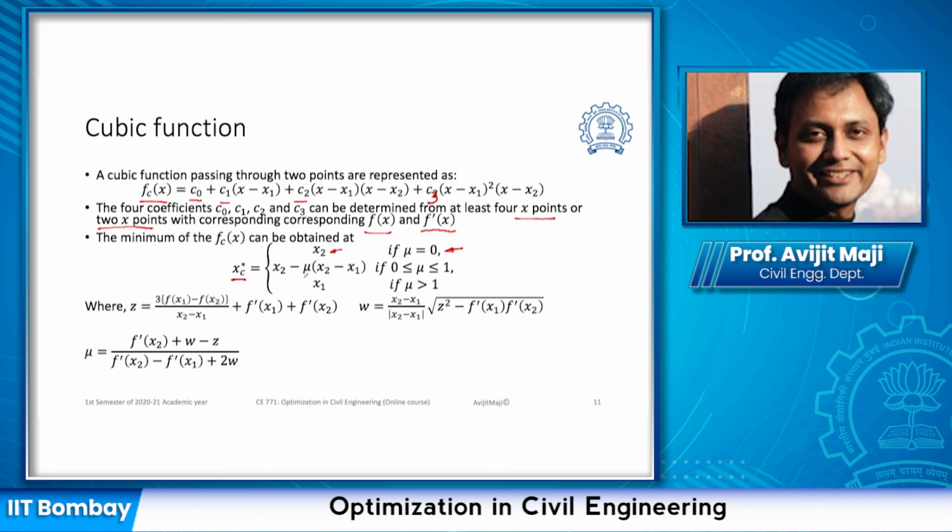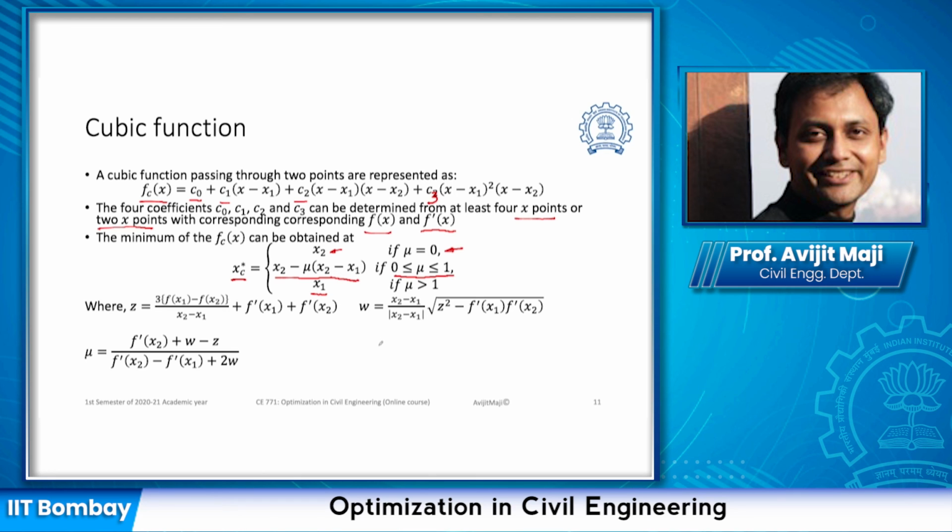So in those 2 points, it is going to be between x2 and x1 by this margin, x2 minus mu times x2 minus x1, provided my mu value is between 0 and 1. It is very clear here, once mu becomes 0, then it will become x2. In case I find that the mu value is greater than 1, then the optimum point lies at the first point, which is x1.